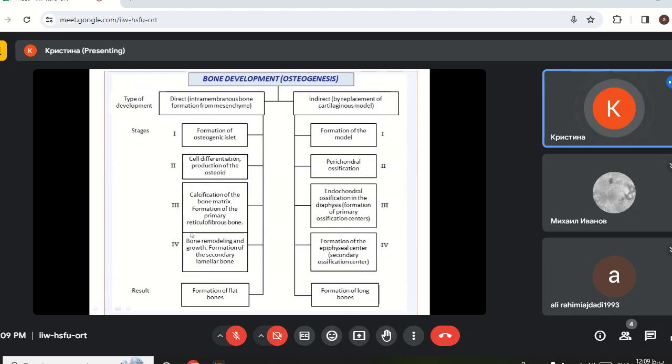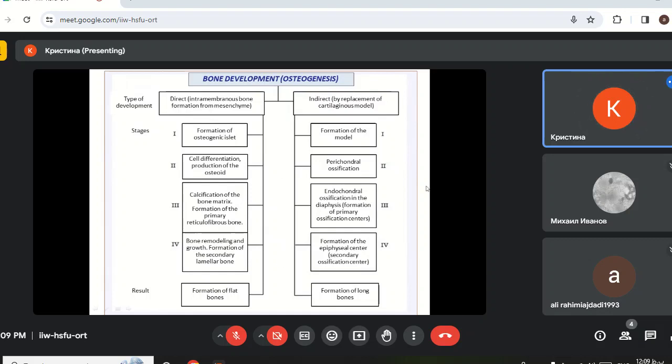Then this osteoid is calcified, mineralized, and thus the primary reticulofibrous bone is formed. And step 4 is the rebuilding of the bone. It means the primary reticulofibrous bone is broken down and is substituted by the secondary lamellar bone. And thus we have the formation of the flat bones.